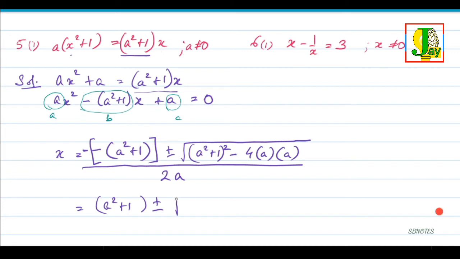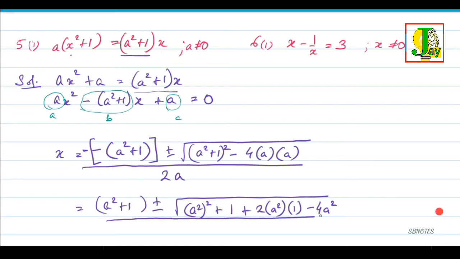So you need to simplify the second part, that's this square of this. So a square square, then we have plus 1 square, that's 1, and plus 2ab, that's 2 into a square into b is 1, minus 4a square, whole thing divided by 2a.